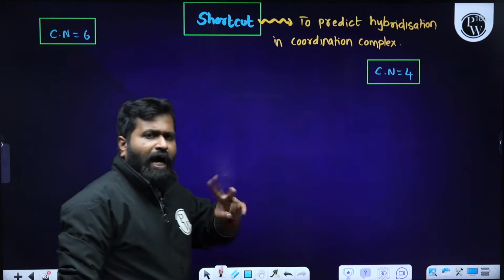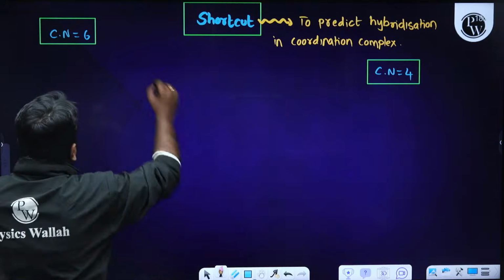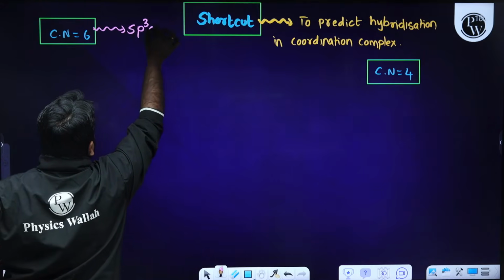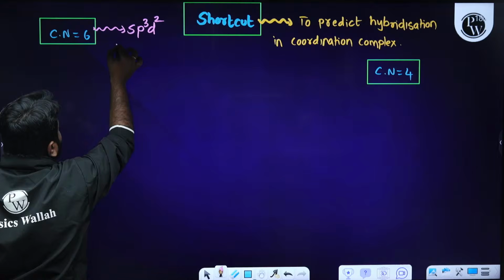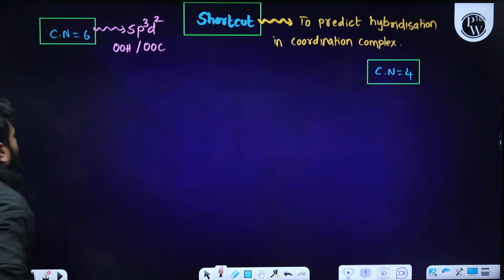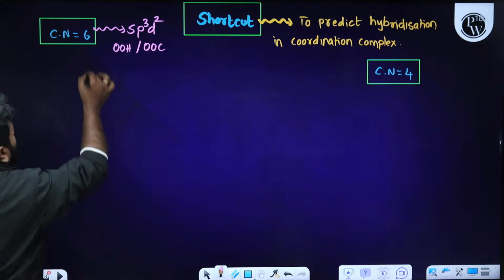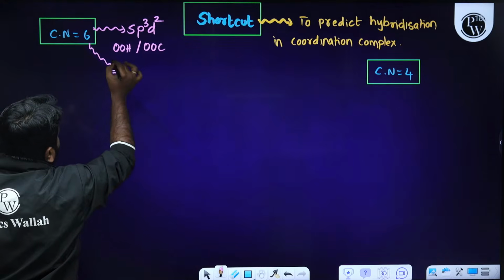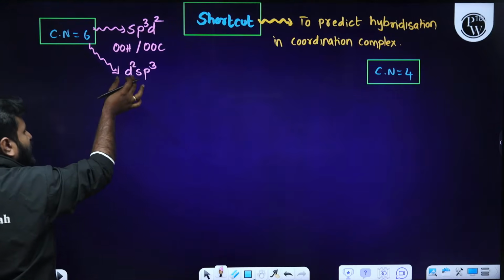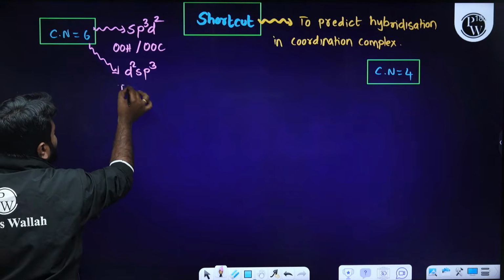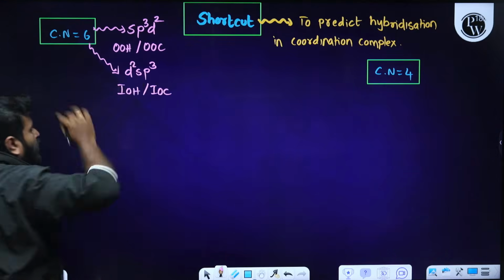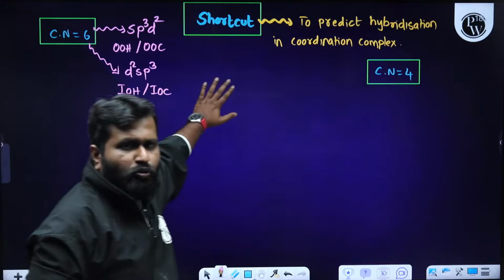What are the two hybridizations possible? We know very well, the hybridization can be sp3d2, which we call outer orbital hybridization or outer orbital complex, or else d2sp3, which I will call inner orbital hybridization or inner orbital complex. Only these two are possible.